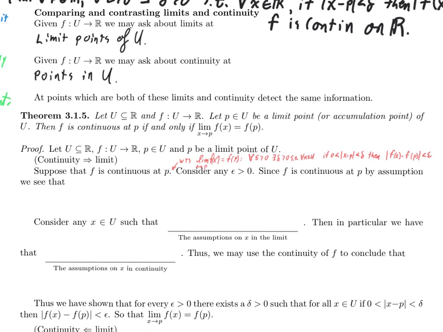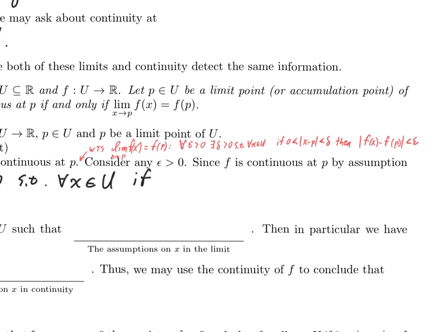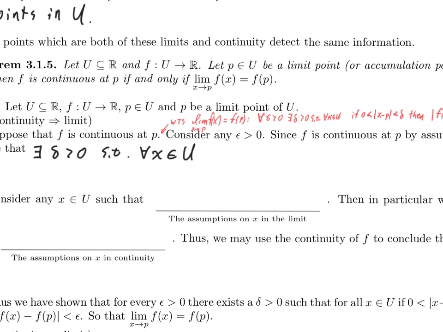So because f is continuous at p, by assumption, I see that there exists a choice of delta bigger than 0, such that for all x in U, I'm going to put the if-then on its own line: if the absolute value of x minus p is less than delta, then the absolute value of f of x minus f of p is less than epsilon.